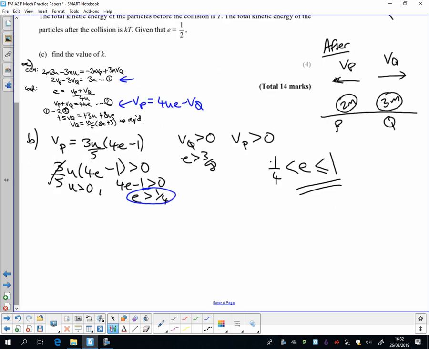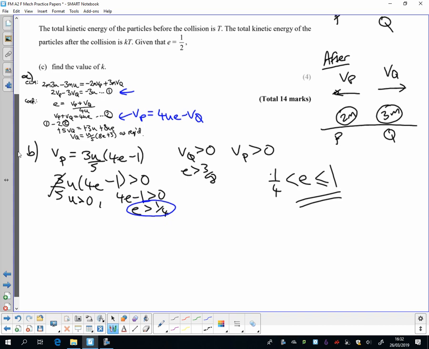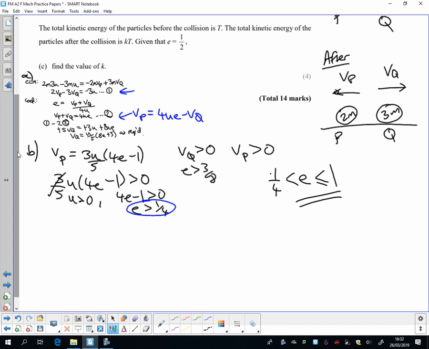Okay, so the final bit is just working with kinetic energy. The kinetic energy before is T, and the kinetic energy afterwards is K times T, and now they're telling us that e is a half, and they want us to find out what K is. We're usually pretty good at dealing with kinetic energy, so kinetic energy is a half mv squared. I can then find kinetic energy before.